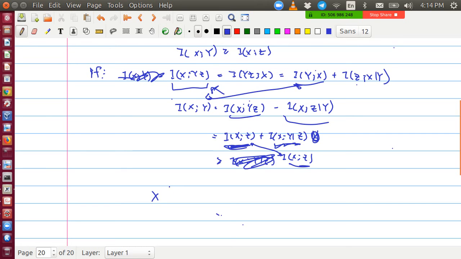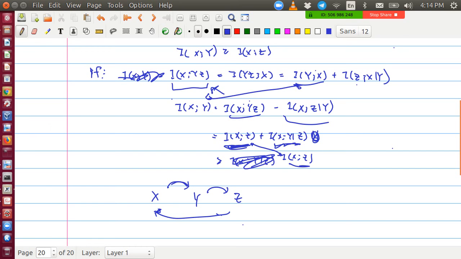Then let's say it's being processed, so after the process you get Y, and then you process again and you get Z. Now from this Y and Z you're trying to recover the original X. The data processing inequality says that if you're trying to recover the original X from the processed information, the more processing you have later on, the more difficult it becomes to get back the original, because you are losing the dependency here.